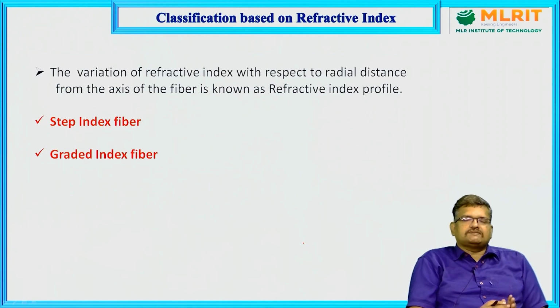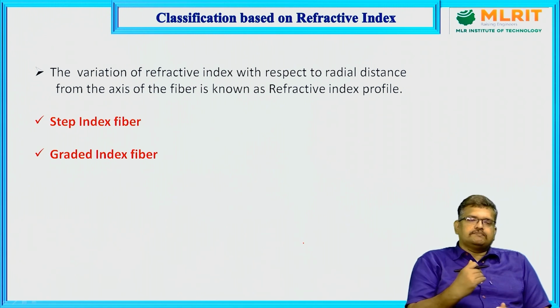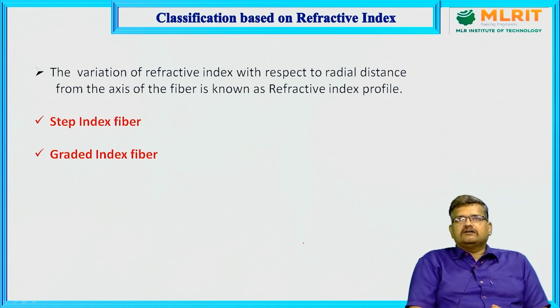Now, classification based on the refractive index profile. The variation of the refractive index with respect to the radial distance from the axis of the fiber we can call the refractive index profile.